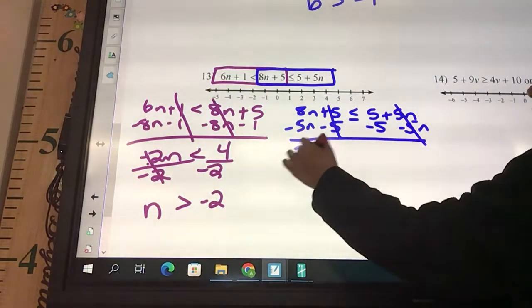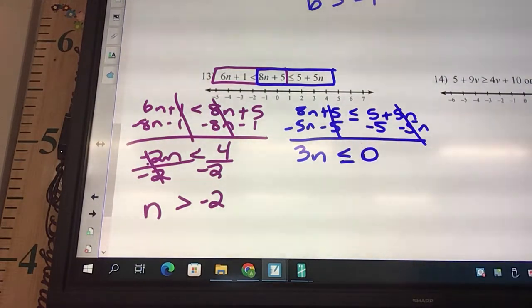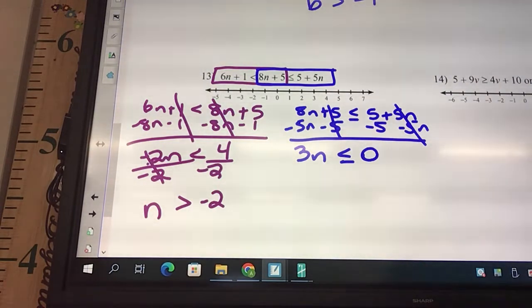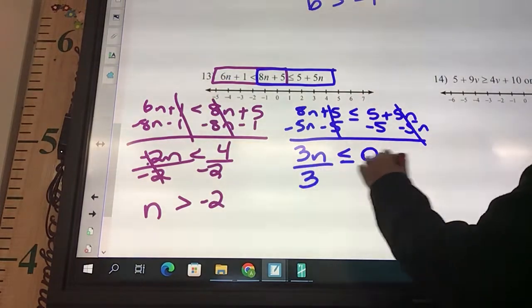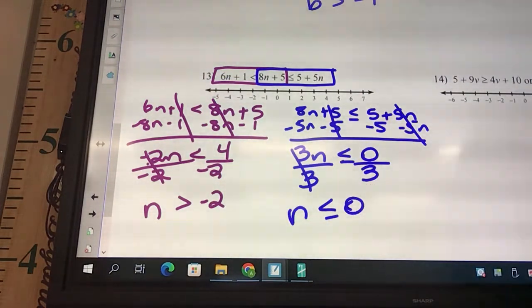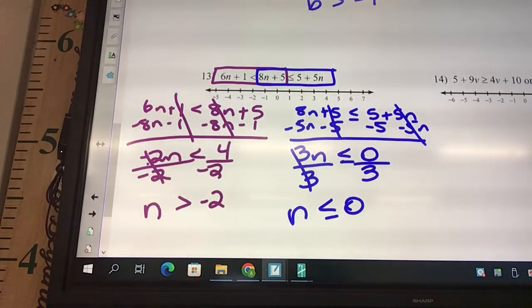So we're going to get 3n is less than or equal to 0. And then I'm going to divide by 3. Okay, so the steps are still the same. It's when you go to graph it, you really need to read.